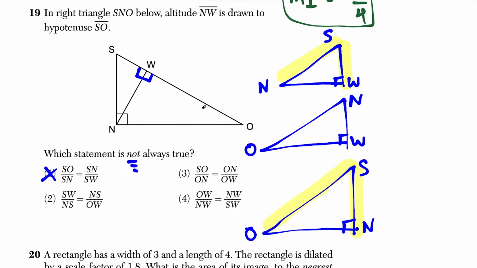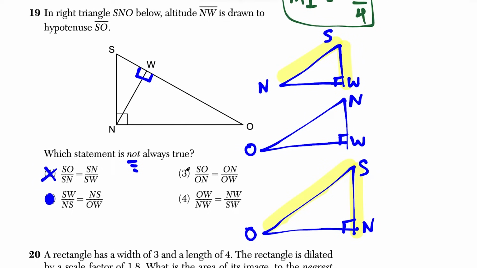So this one here is looking a little bit funky. I don't like this statement here because it's bouncing around between 2 different triangles. If we look once more, SW over NS, and now we're looking at NS, and then looking at OW. You see how we're going from the small to the medium triangle here. So this one is not looking good. I want to say this one is not always true. But to be 100% sure, I'm going to go through the other answer choices and see that they're always true.